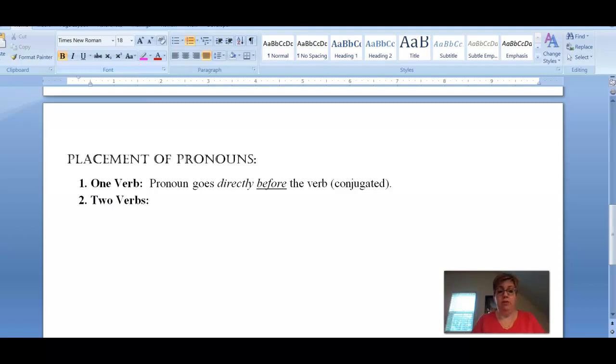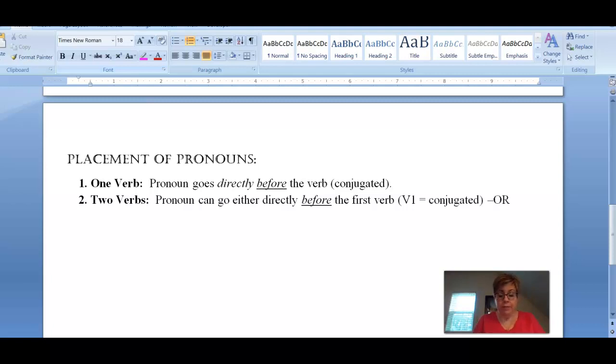two verbs, which become verb 1 and verb 2, right? Okay, so in this case, you have choices. The pronoun can go either directly before the first verb, right? Okay, so that's going to be verb 1, which is always conjugated.